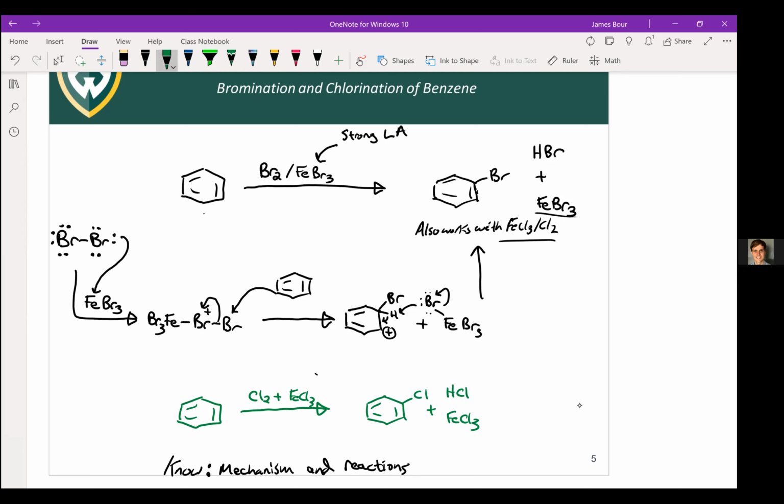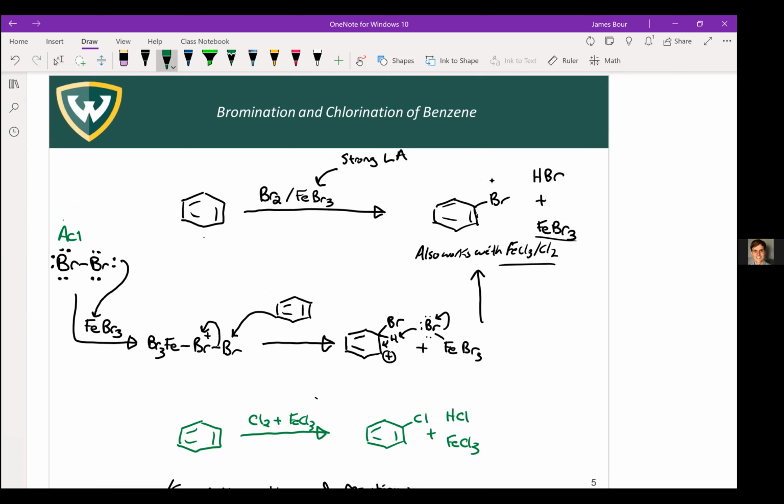All right, so again, just to recap, this is very similar to our Friedel-Crafts reaction. We have an activation step. All right, we have attack, where our electrophile, E+, reacts with our nucleophile.